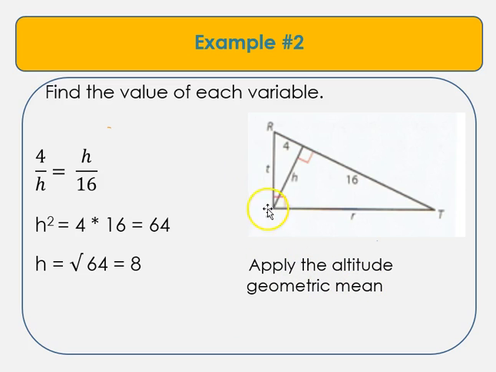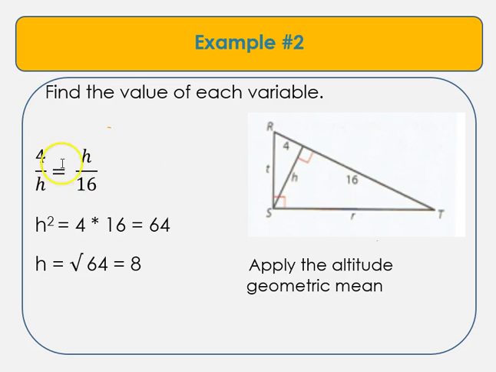So our altitude is h, so in our proportion we'll have h to the bottom of the first denominator and the top of the next denominator, and then we need to make our comparisons between the triangles. H is to 4.